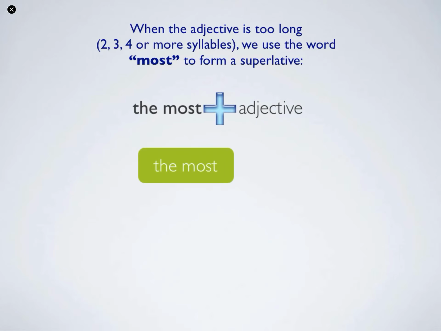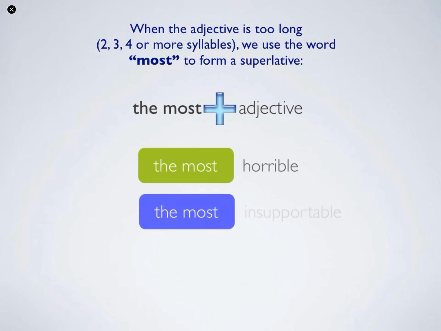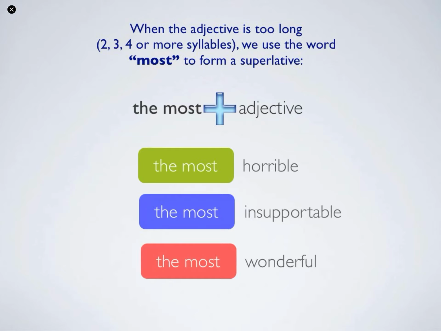When the adjective is long, remember, 2, 3, 4 or more syllables, generally 8 or more letters, we use the most plus adjective, again with the. See how the is important? The most horrible, the most insupportable, the most wonderful.